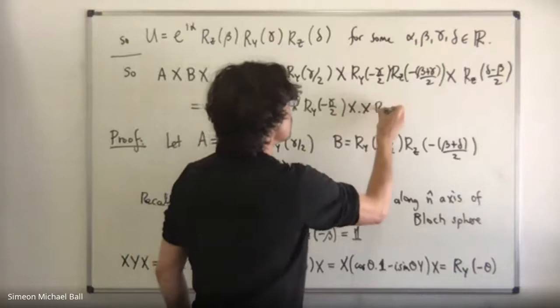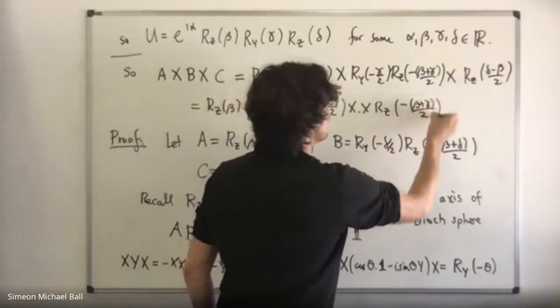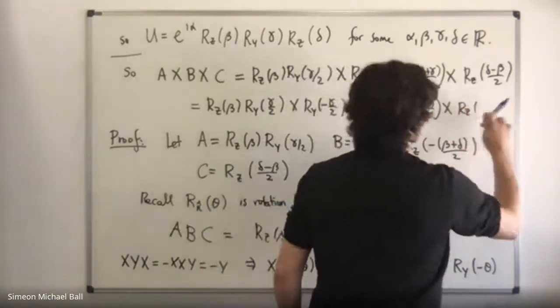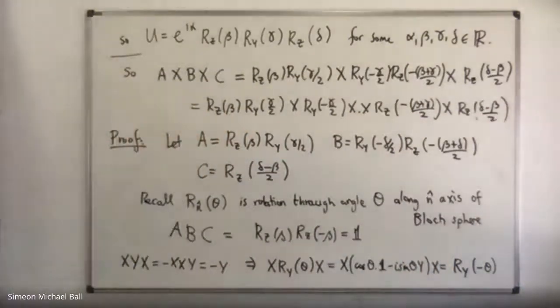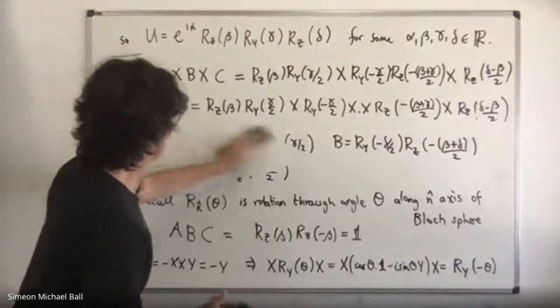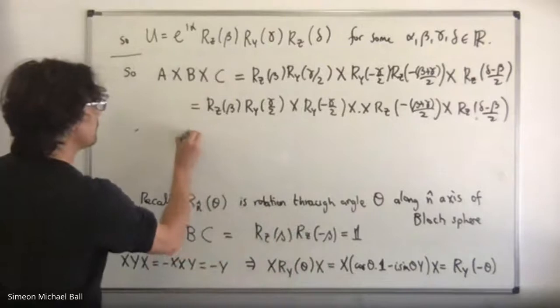Now X squared is identity, so that's fine. And now what happens when we apply our identity here below?